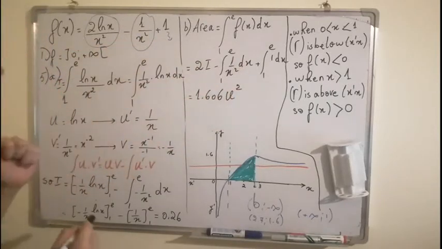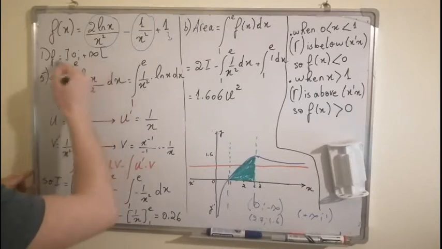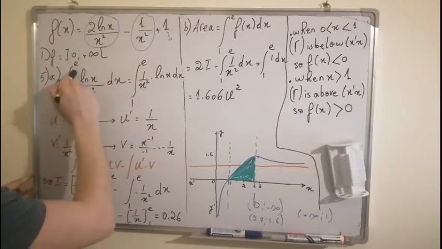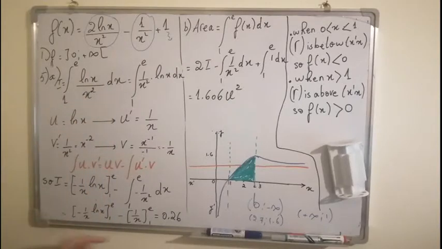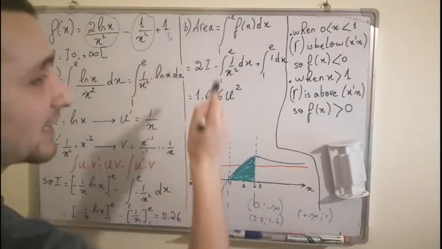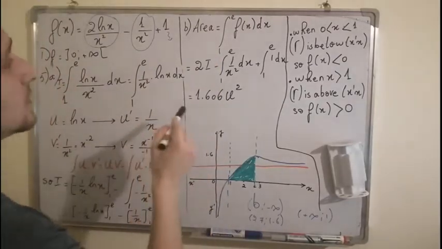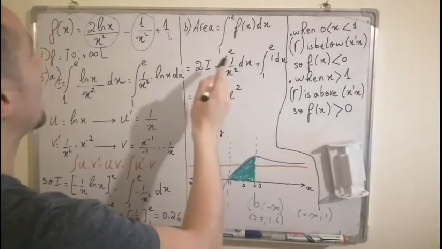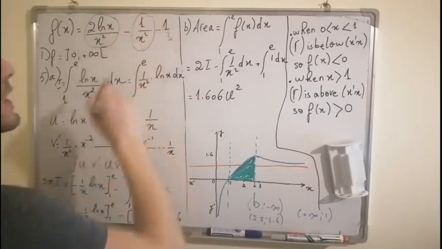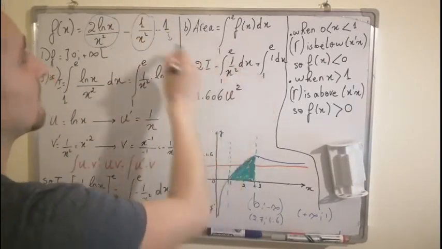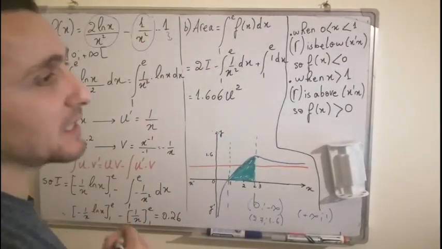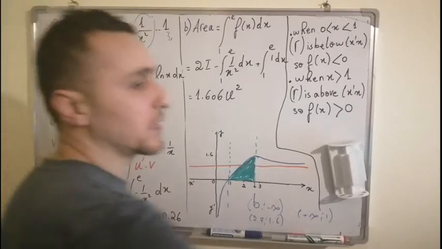Using the preceding part, we know that the value of the integration from 1 to e of ln x over x squared is equal to 0.26. Then the area is equal to 2 times I minus the integration of this quantity from 1 to e plus the integration of this quantity from 1 to e.